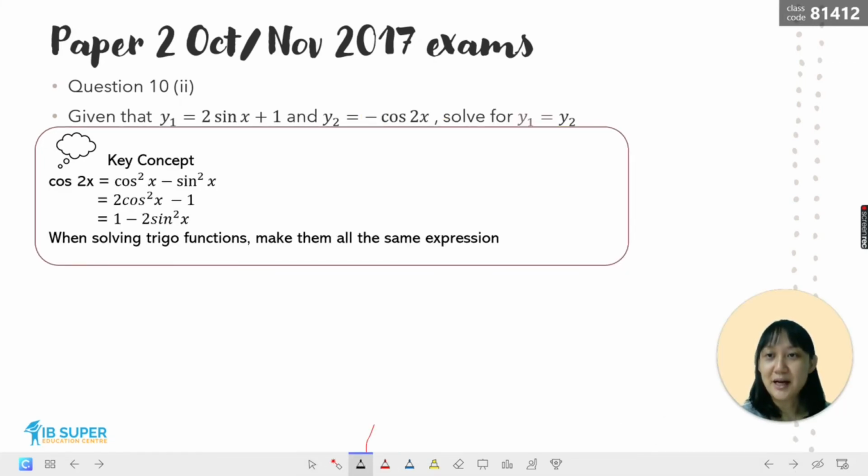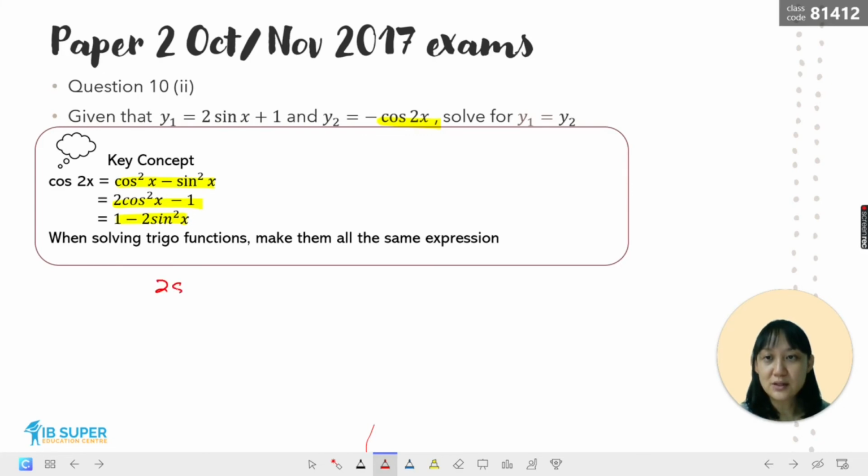In question 10, part 2 of paper 2, in the 2017 exams, students are given two expressions, y1 equals 2 sine x plus 1, y2 equals minus cos 2x. Students are required to solve for y1 equals y2. Since cos 2x has three expressions to choose from, which one shall we use?